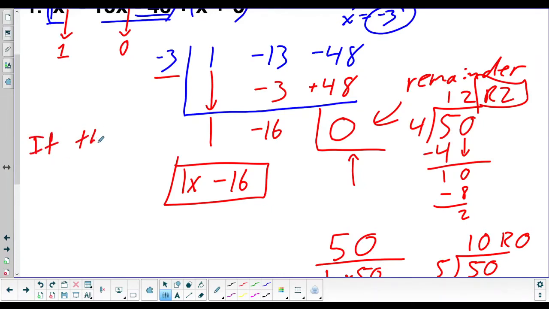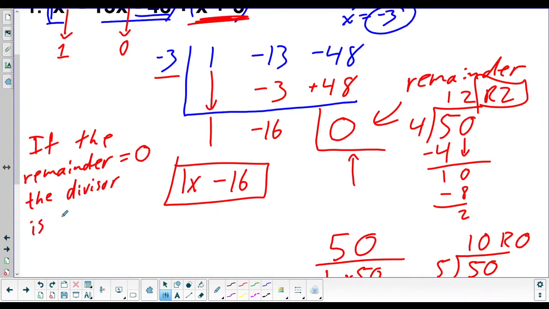If the remainder equals 0, the divisor, the thing you divide it by, is a factor of the polynomial.